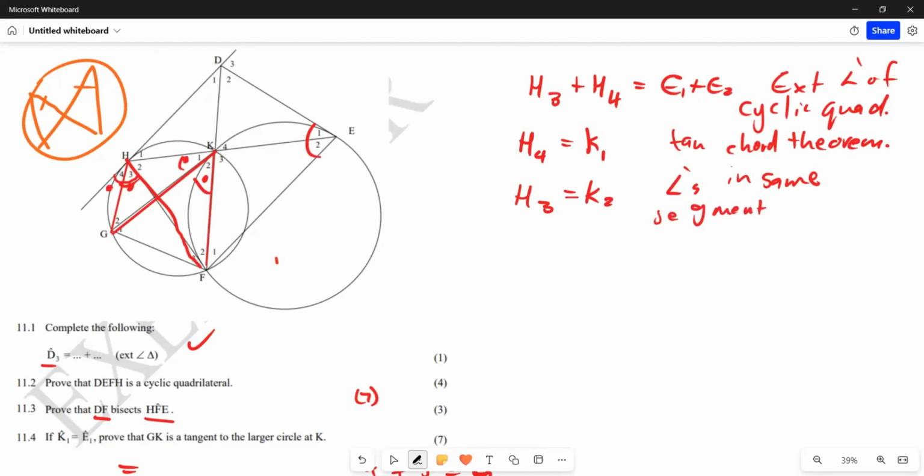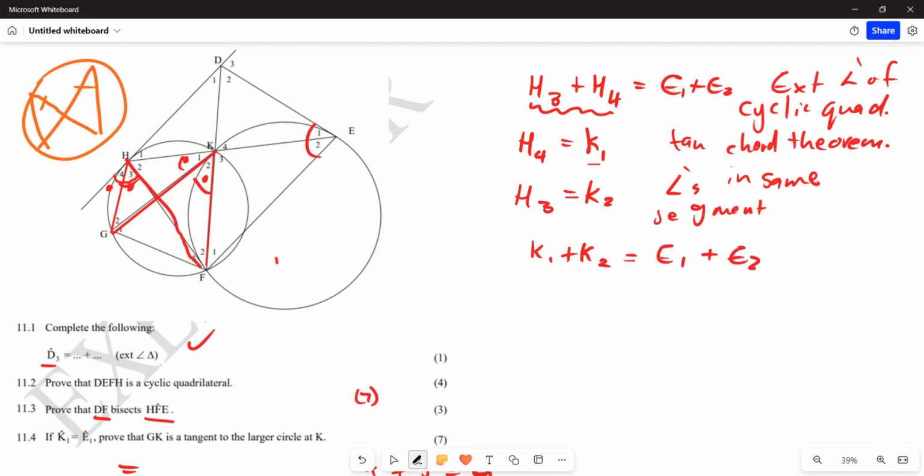Now, what else can you take note of? From here, let's see. If we have proven that H3 is equal to K2 and H4 is equal to K1, from these conclusions I can replace H4 and H3 by K1 and K2, which means I can say my K1 plus my K2 is going to be equal to my E1 plus my E2 altogether, right?